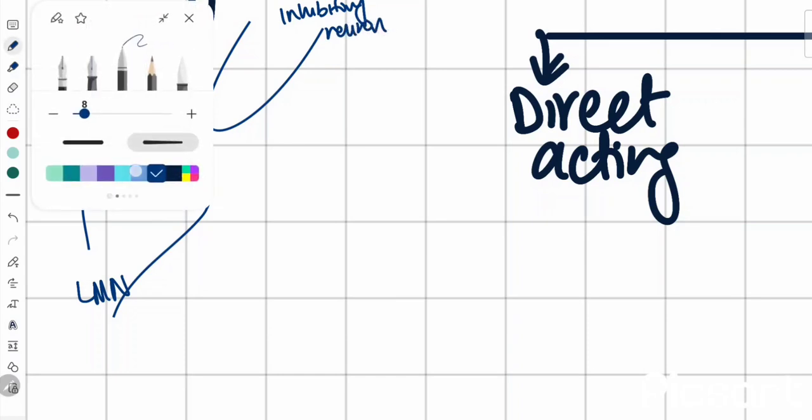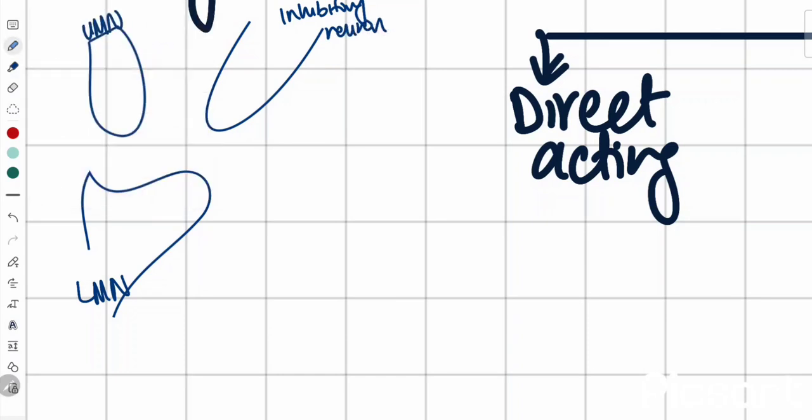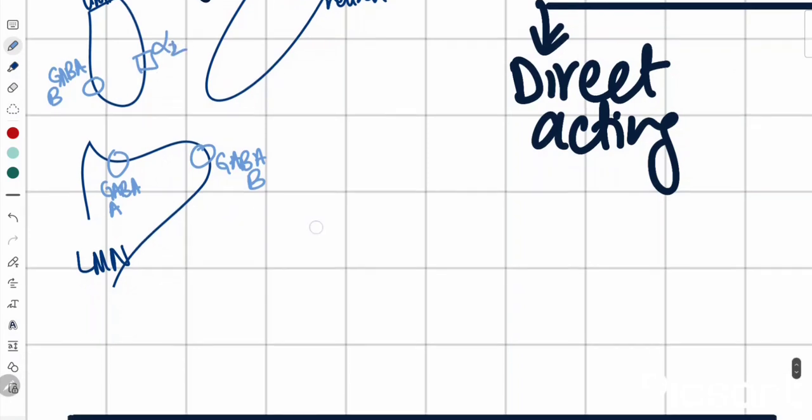Okay, and in the upper motor neuron we have the GABA B receptors, and on the lower motor neuron we have the GABA B receptors and GABA A receptors. On the upper motor neuron we also have an alpha 1 autoreceptor, and an alpha 2 autoreceptor in the presynaptic neuron.